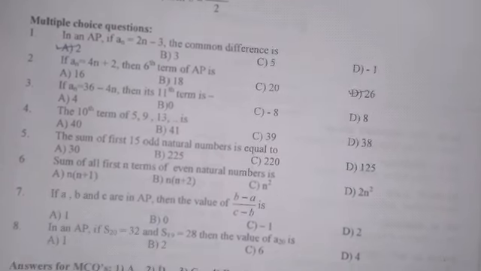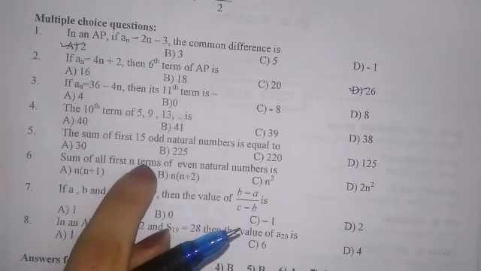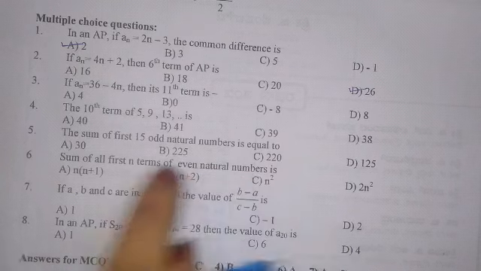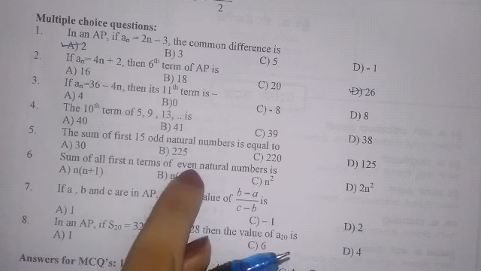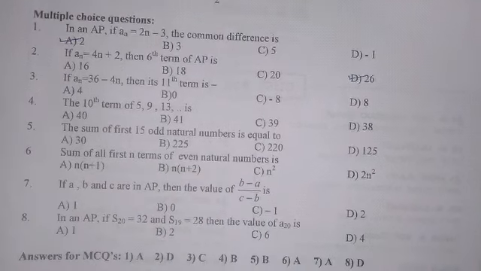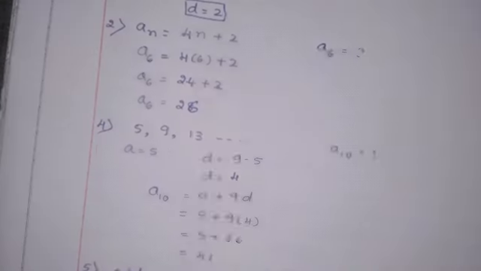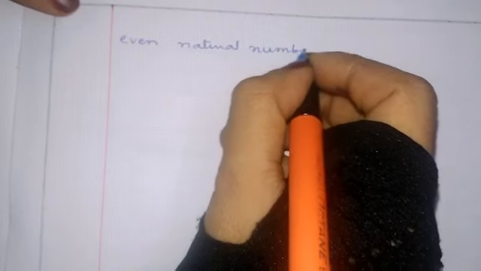Okay. Now what they have asked: the sum of the first n terms of even natural numbers. So first let us write the even natural numbers. Even natural numbers are in AP.